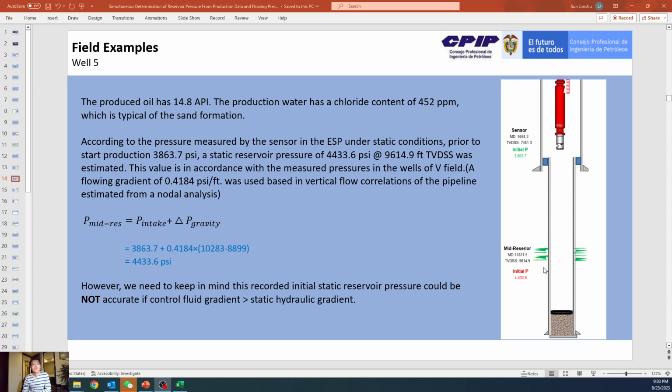This value is in accordance with the measured pressure in the wells of V field. Here, a flowing gradient of 0.4184 psi per feet was assumed, based on vertical flowing correlations of the pipeline estimated from a nodal analysis.